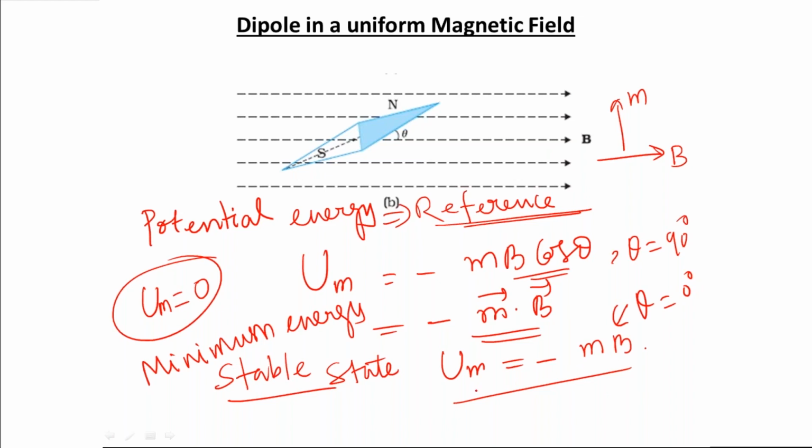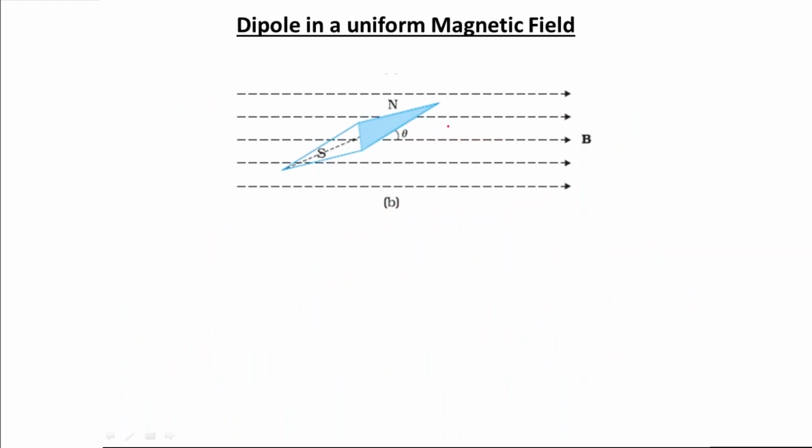That means this is the minimum or stable state. So that's why any dipole you keep in a uniform magnetic field will try to make the angle theta 0. That means it will always try to be oriented in the direction of the magnetic field itself. It will try to align in this direction, because in this case theta will be 0.